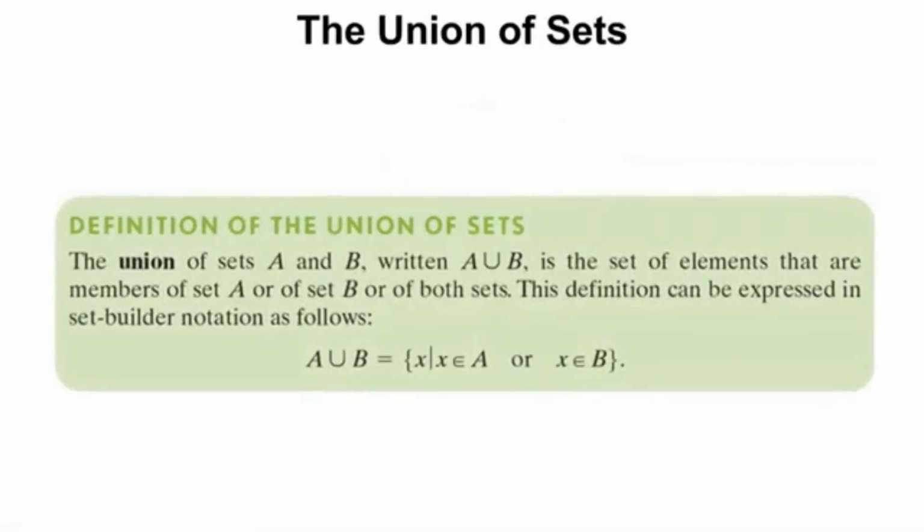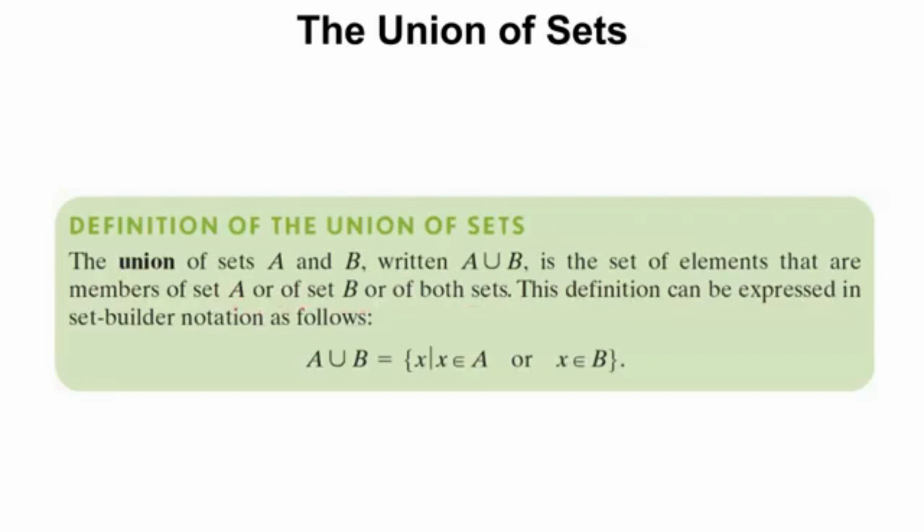Let's discuss the union of sets. The union of set A and set B is written using this symbol here. This is used to denote union. And this pertains to the set of elements that are members of set A or of set B or of both sets.